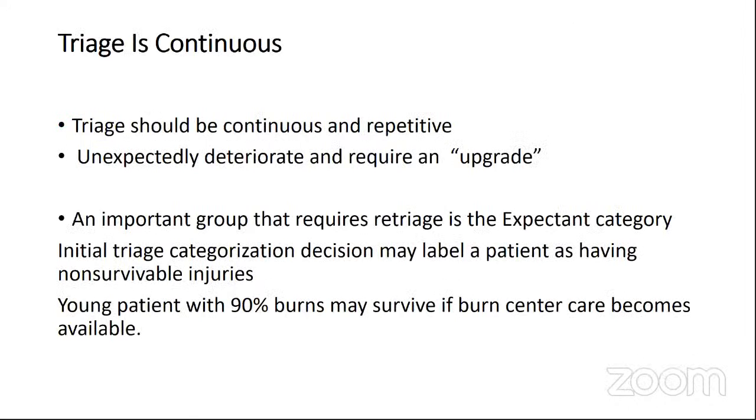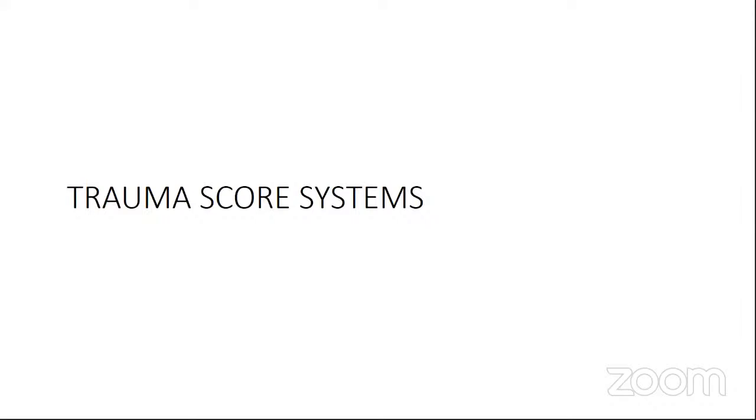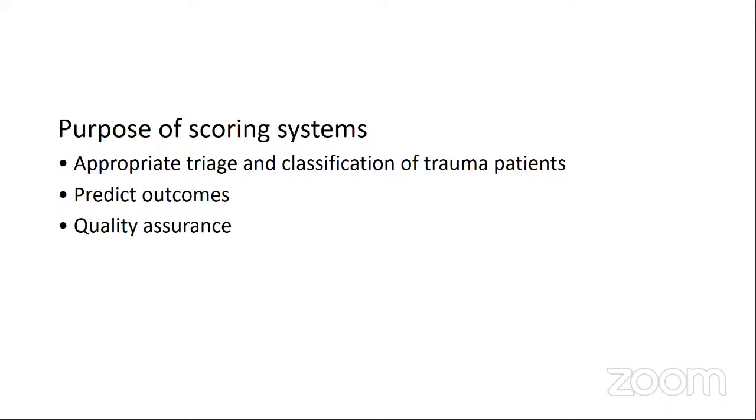We'll come to another important topic, that is trauma scoring systems. The purposes of scoring systems, mainly the trauma scoring system, are three things. First, to appropriately triage or classify the patient, and to shift the patient to the appropriate department or hospital according to the condition of the patient.